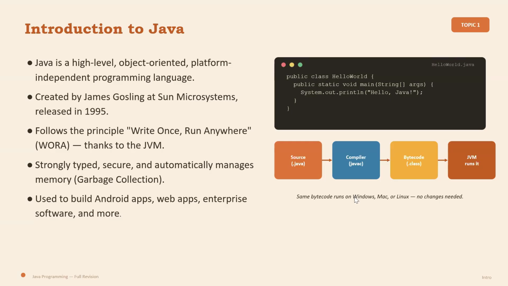Java uses a process called garbage collection to automatically remove unused objects from memory. Unlike languages such as C or C++, programmers do not need to manually free memory, making Java programs easier and safer to manage. Java is used to build Android apps, web apps, enterprise software, and more.